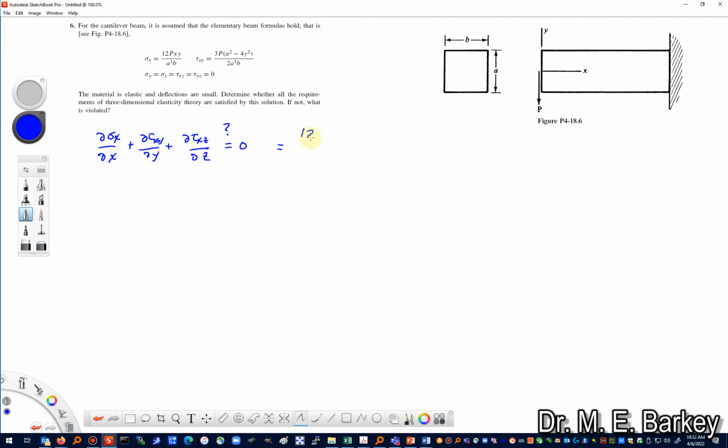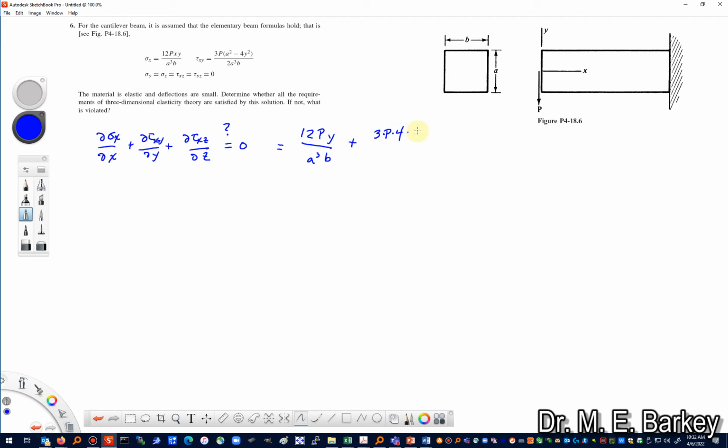So we'd have 12py over a cubed b. A cubed and b and p are all constants. Okay, and then the partial derivative of tau xy with respect to y. So let's see. We have a term that doesn't have y in it. That's the leading term here. So we have 3p times 4.